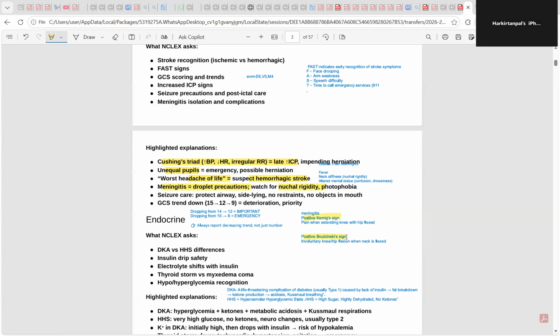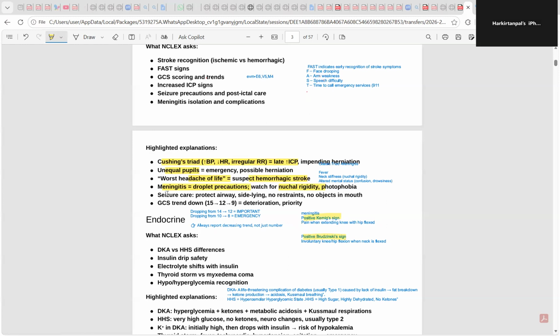Kernig sign means when we extend the leg with the hip flexed, the client experiences pain. And the Brudzinski sign means when we flex the neck, there is automatic flexion of the hip and knee.